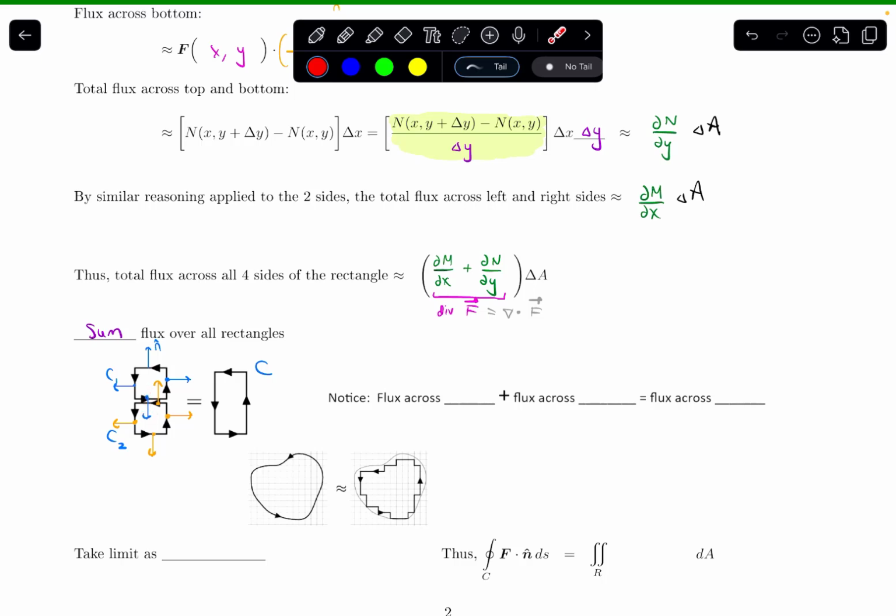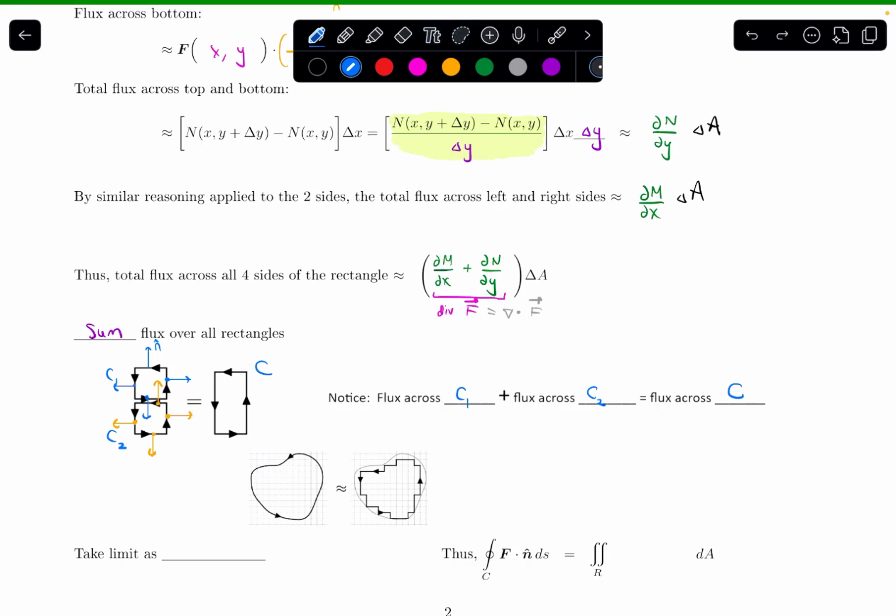So when I measure that for this top rectangle and for this bottom rectangle, those are going to cancel out because it's the exact same curve, but I'm just thinking about the normal vector in exact opposite directions. They will cancel, and that's why I can ignore that side. So the flux across that first rectangle added to the flux across the bottom rectangle equals the flux across just this rectangle with those two things combined.